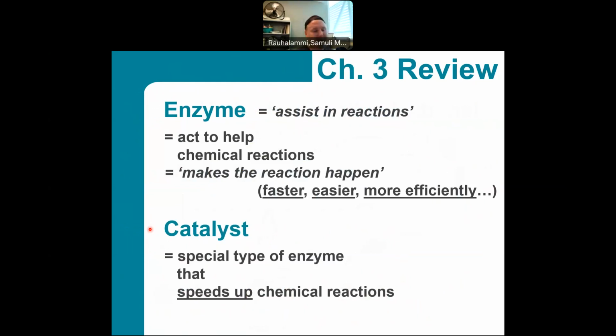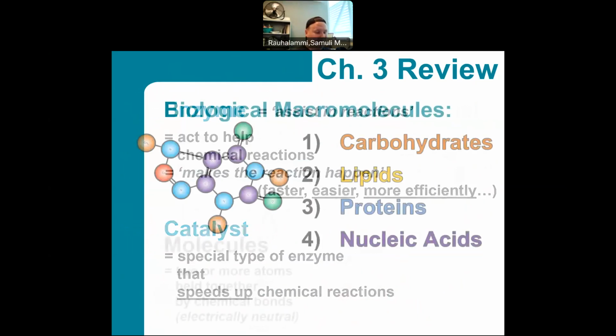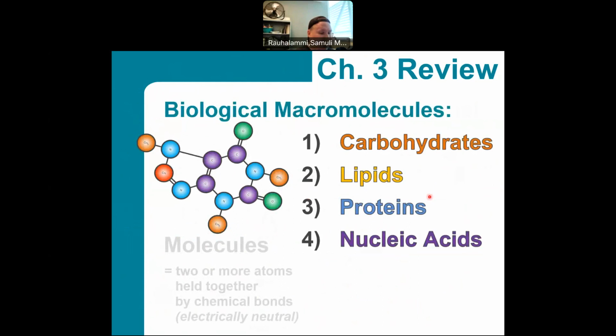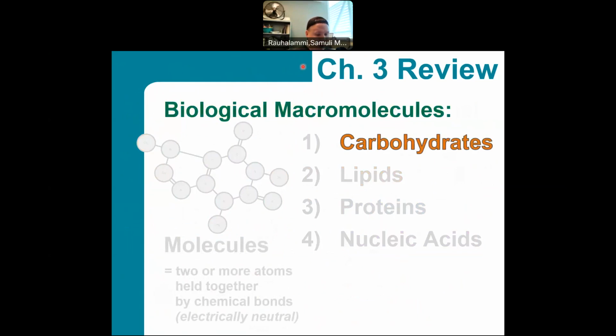Now that we have a grasp of these basic terms, let's return back to these molecules that we talked about and to these biological macromolecules, the most important large molecules that we need for life. So let's start by looking at our carbohydrates.